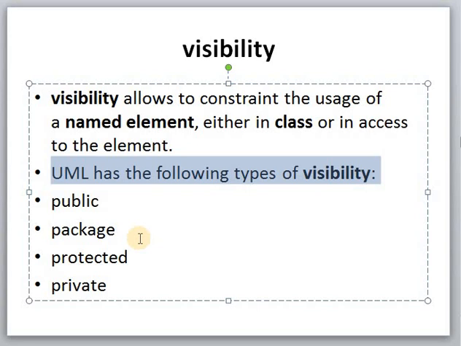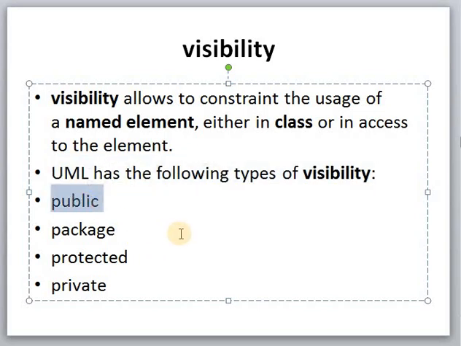UML has the following types of visibilities: public visibility, package visibility, protected visibility, and private visibility. We need to define a visibility type for each attribute.